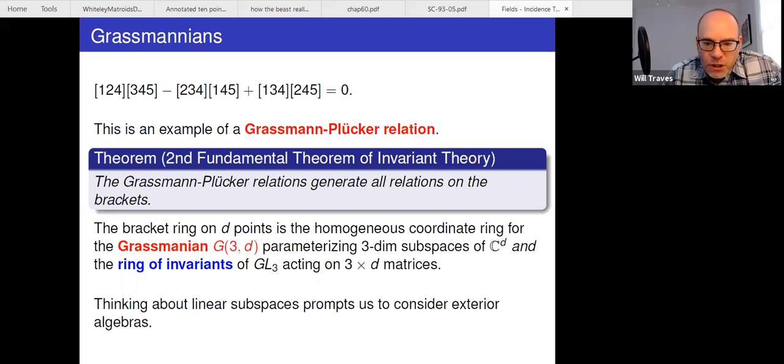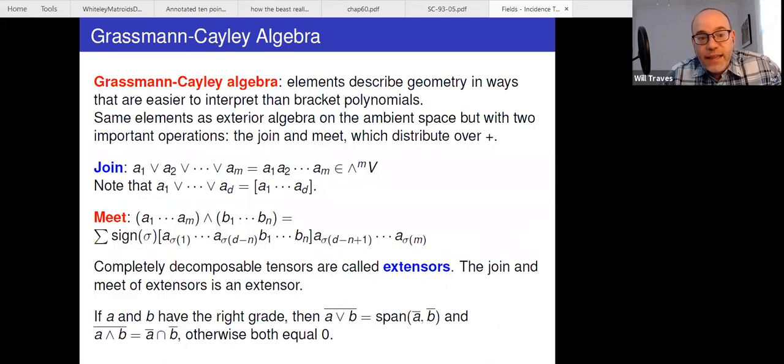And I mention this because it motivates us to think a little bit about linear subspaces, and that prompts us to think about exterior algebras. So I'm going to shift a little bit to what's called the Grassmann-Cayley algebra. The Grassmann-Cayley algebra is like an exterior algebra.